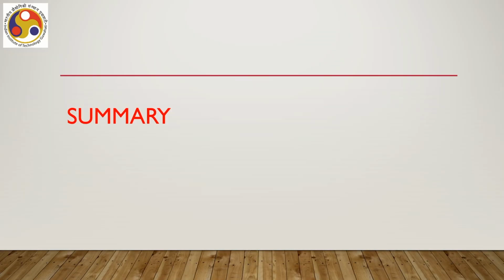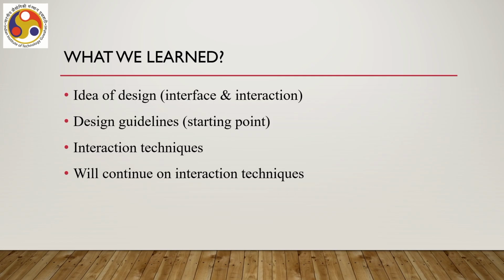So, in summary, what we have discussed so far in this part of the lecture is the idea of design, particularly interface and interaction design. We talked about design guidelines, that is the starting point. The design language we will be talking about in the next lecture, a separate topic. We also briefly touched on the interaction techniques.